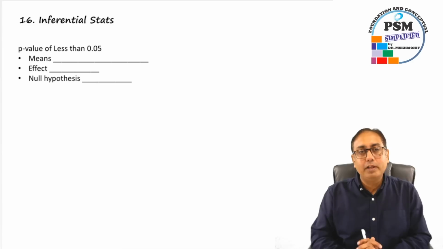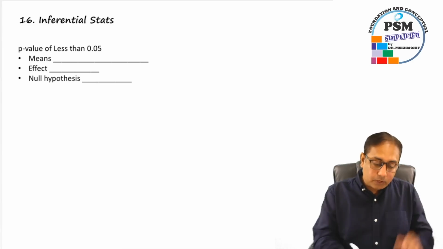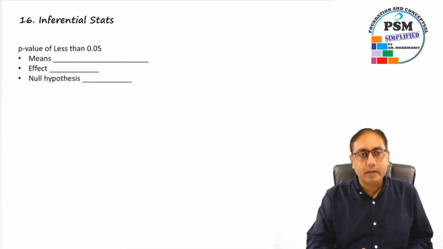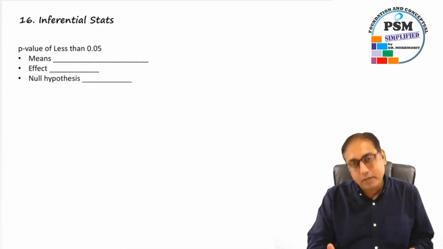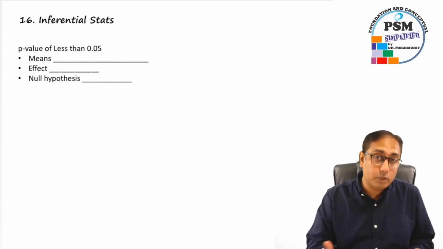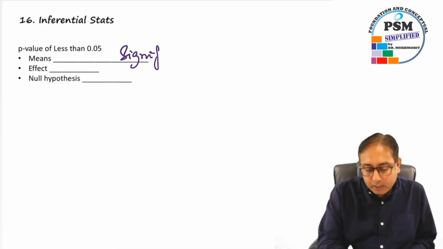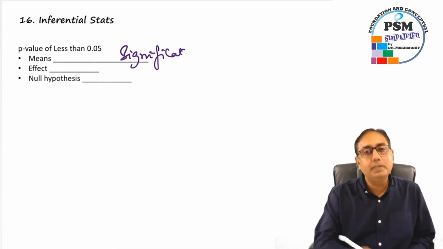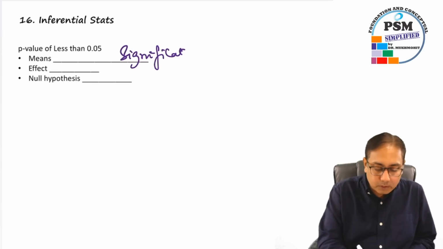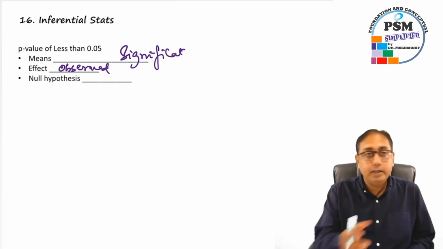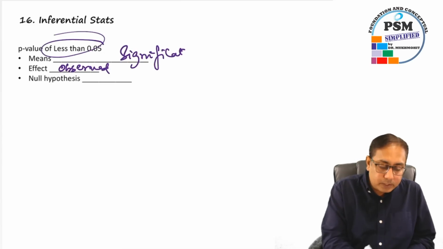Next is this burning topic, inferential stats. A lot of this is a guaranteed question in your INICET exam. What do you mean by p-values? Please note, if they are less than 0.05, it means that the p-values are significant. What do you mean by significant? That means the effect was observed. The effect was found if the p-value is less than 0.05.